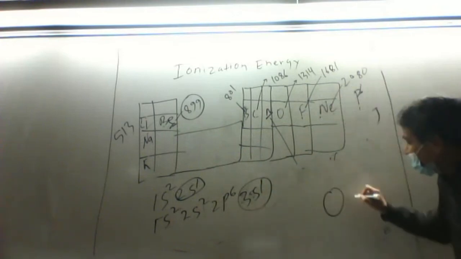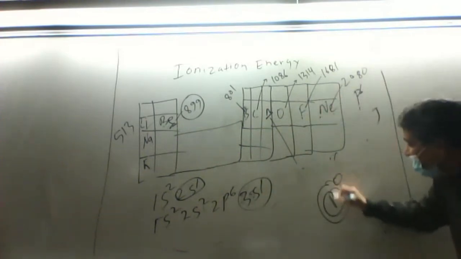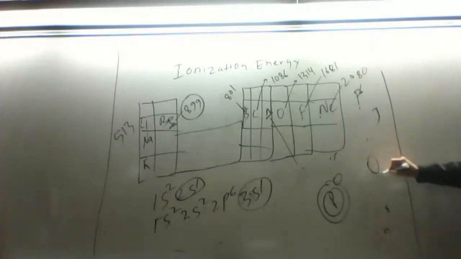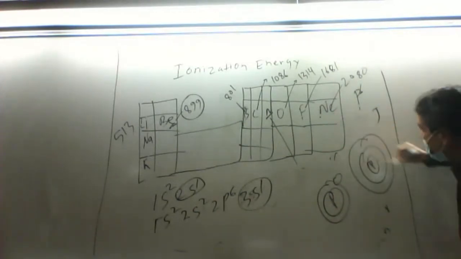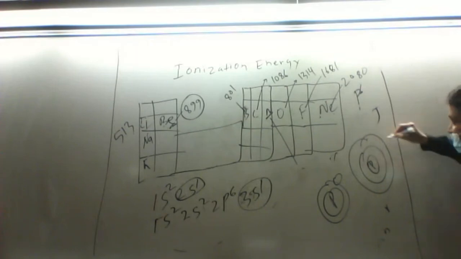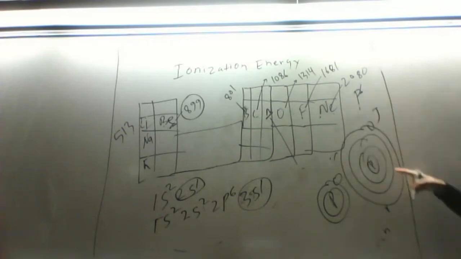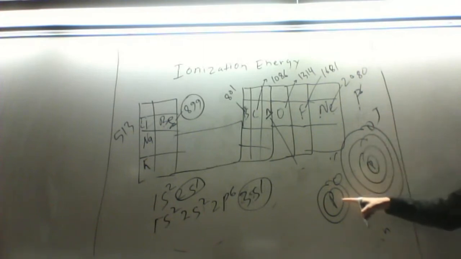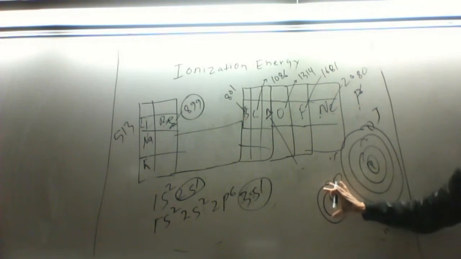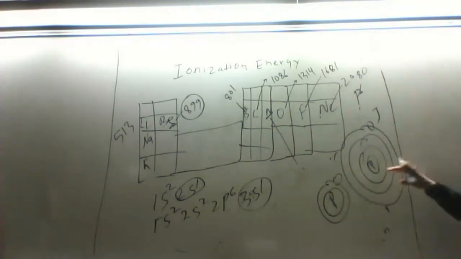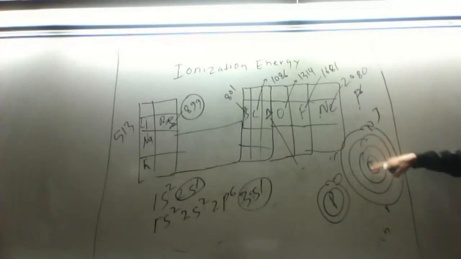So the first orbit is near the proton, this is the second orbit, and this is the third orbit. I'm removing the electron from here for sodium, but for lithium from here. It is attracted with too much force here because this orbit is smaller. So it takes too much energy to remove this one. But for sodium, it's too far from the nucleus, so it is not attracted with that much force.